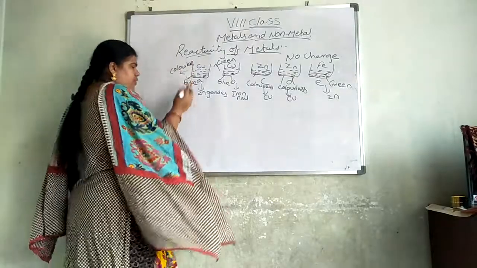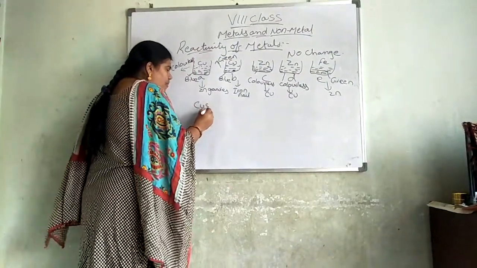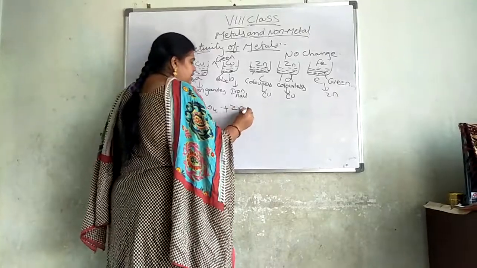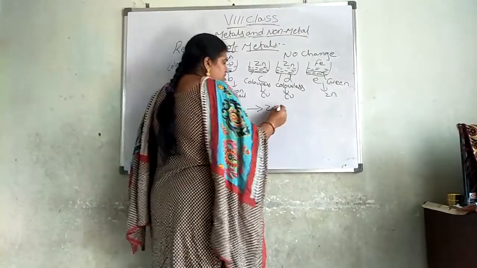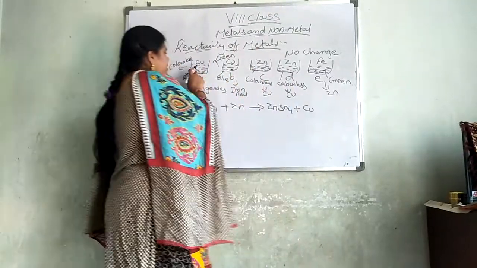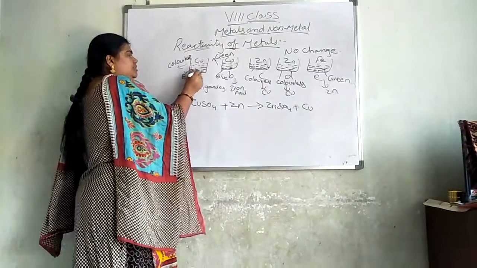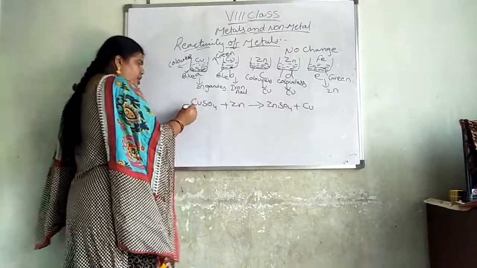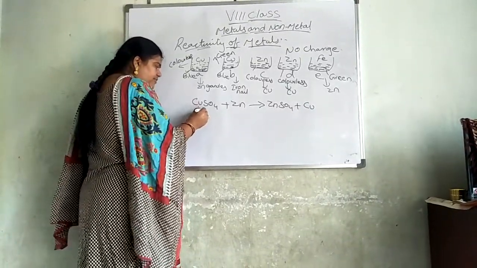In the first case, copper sulfate reacts with zinc, giving rise to zinc sulfate plus copper, which will be deposited at the bottom. Now what is the color of copper sulfate? The color of copper sulfate is blue.